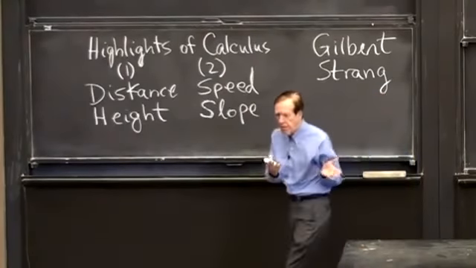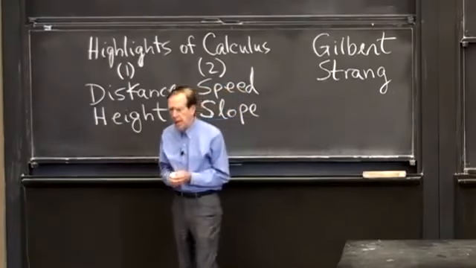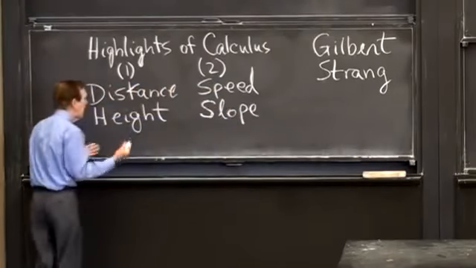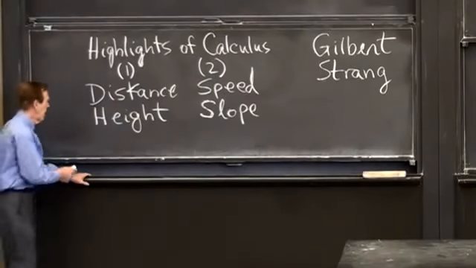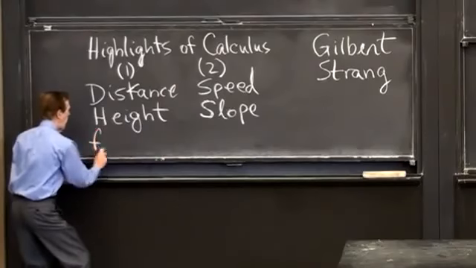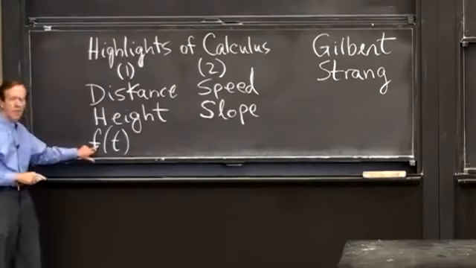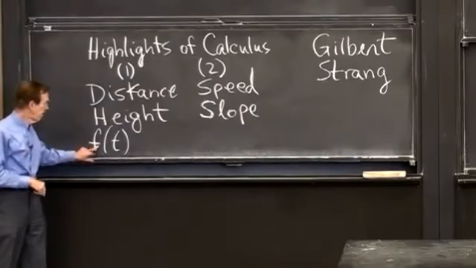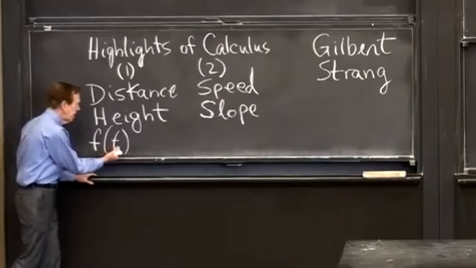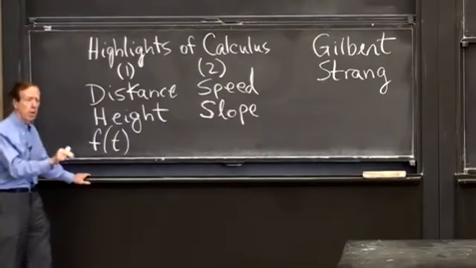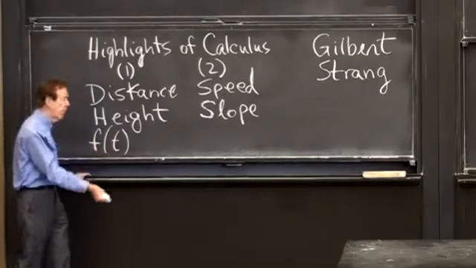And let me give you some algebra letters that you might use. Distance, maybe I would call that F of t. So F for how far, or for function, and the idea is that t is the input. It's the time when you're asking for the distance.